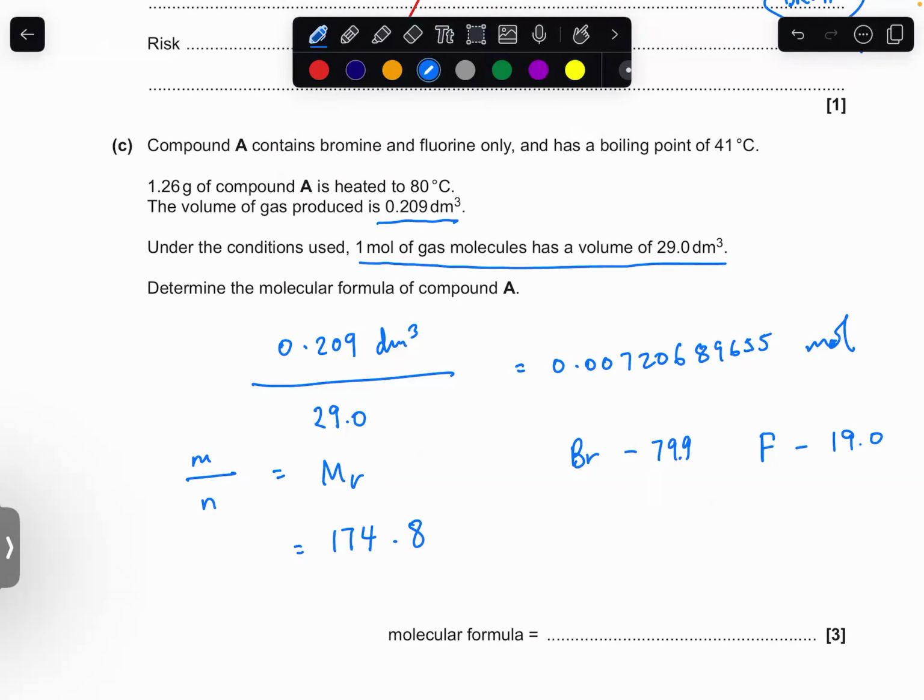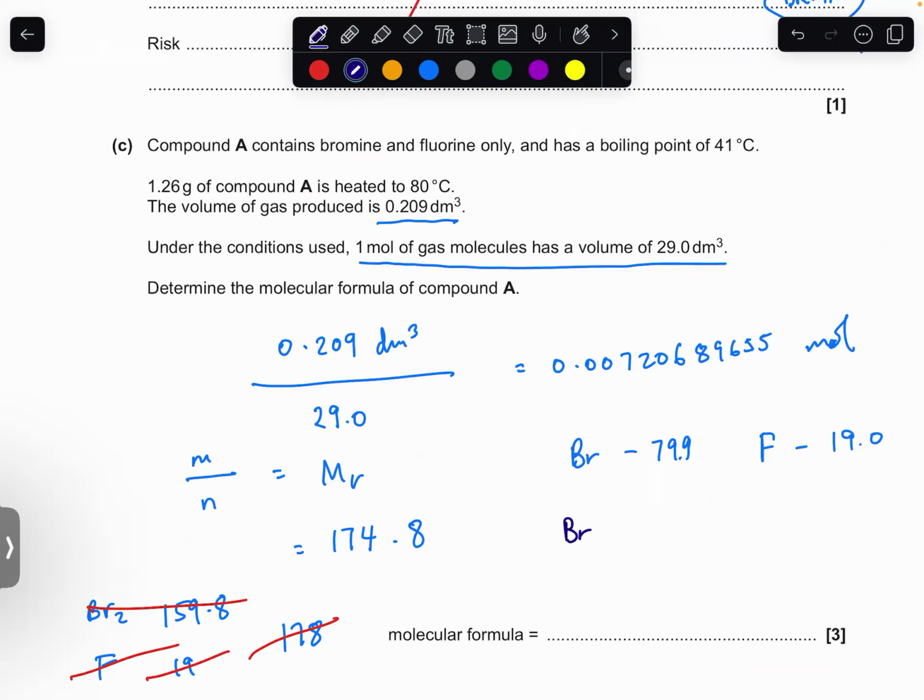So 79.9 plus 79.9 gives 159.8. That's two bromines. But that leaves only one fluorine to add on, plus 19, which gives you 178, which is above that amount. So let's cross this out. Not two bromines, let's just do one bromine.